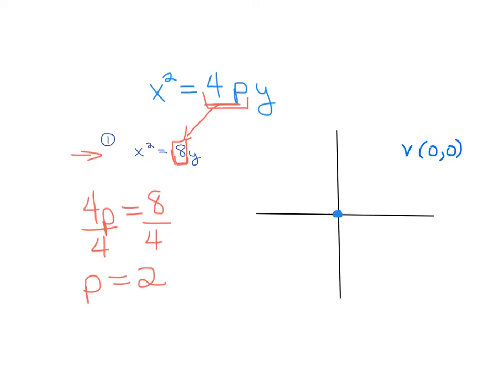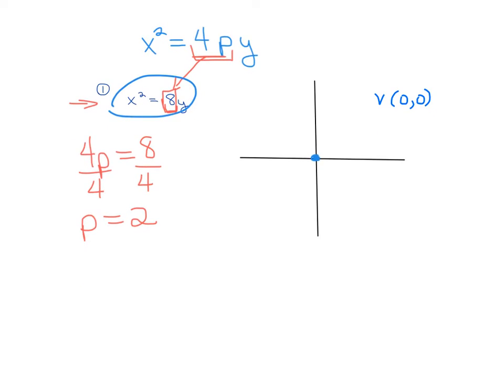So I can pick whatever x value I want to plug into this equation to get another ordered pair. My equation is x squared equals 8y. I can pick whatever I want. I'm going to try to pick the easiest number. I'm going to plug in a 1. So I'm going to let x equal 1 so I can get a y value, so I have an ordered pair to graph.